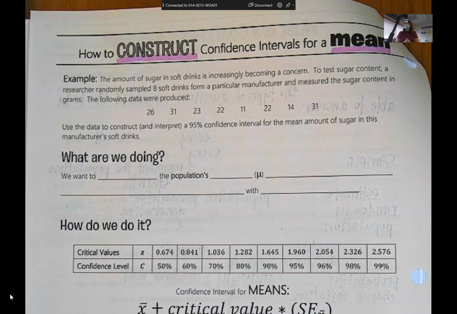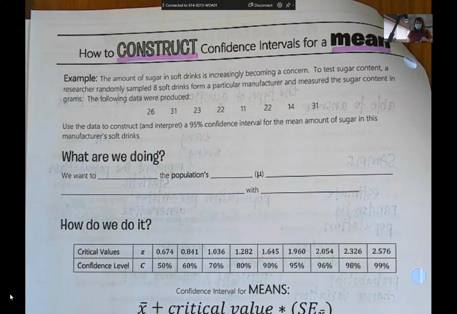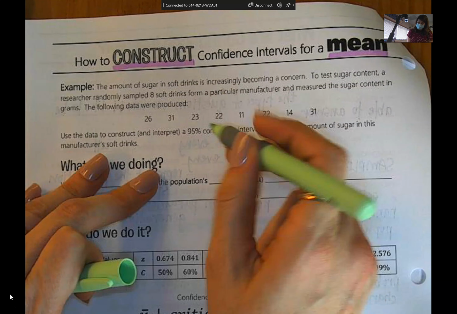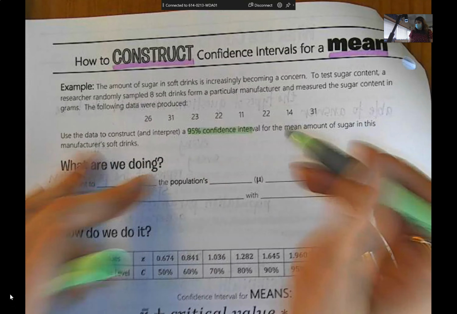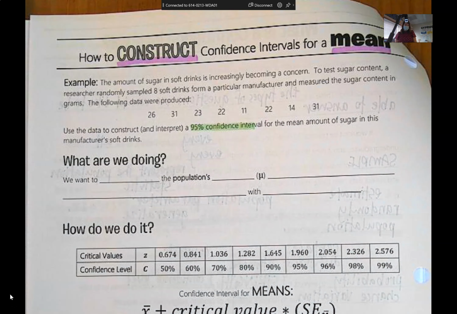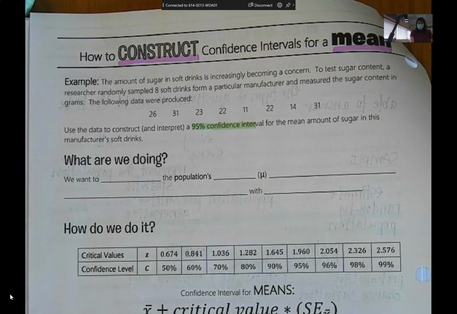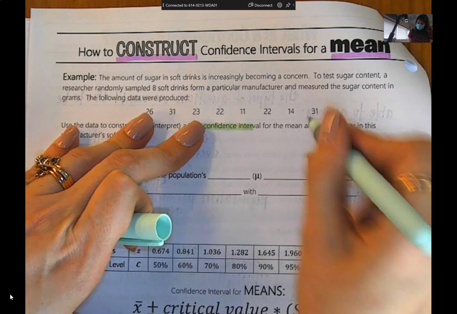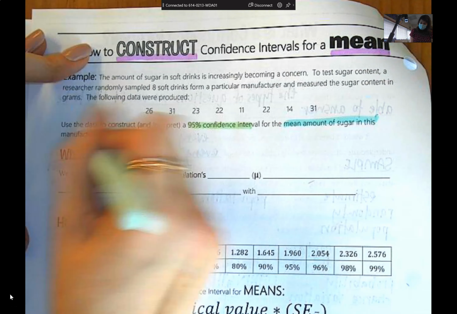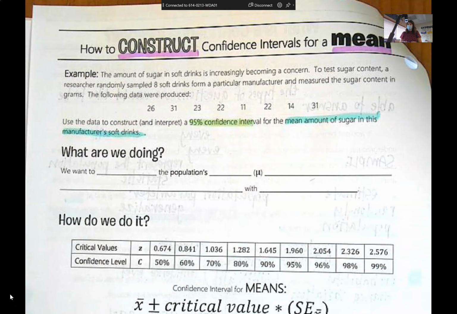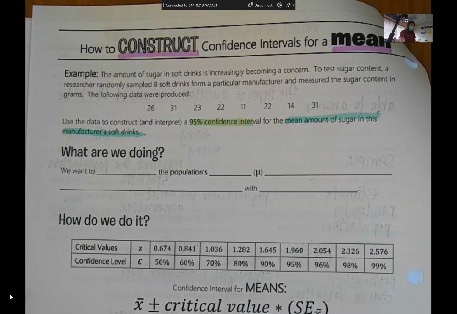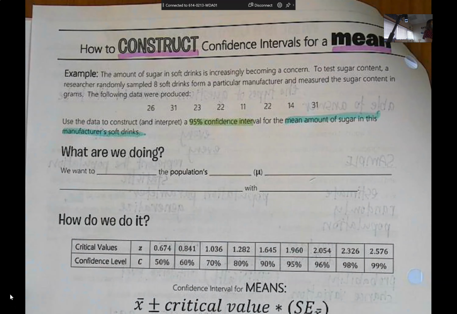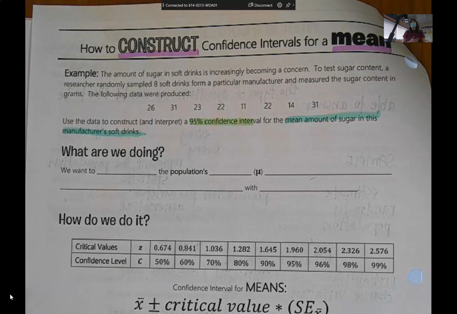We want to use the data to construct and interpret a 95% confidence interval. So I'm going to highlight 95%. And they want that interval to describe the mean amount of sugar in this manufacturer's soft drinks. So essentially, they want us to find a range of values that the true sugar content could be.